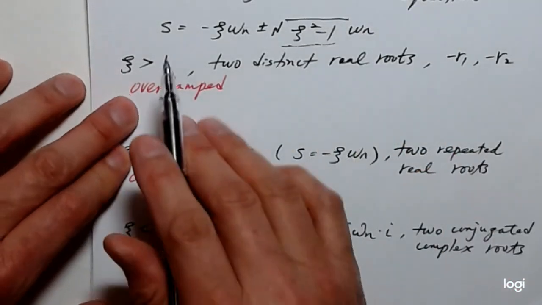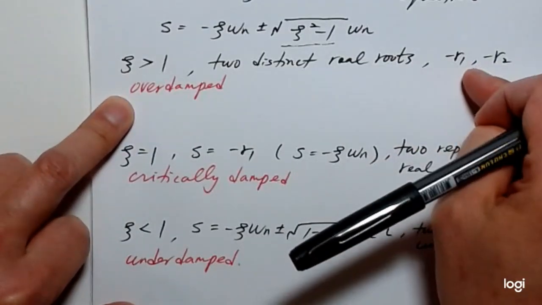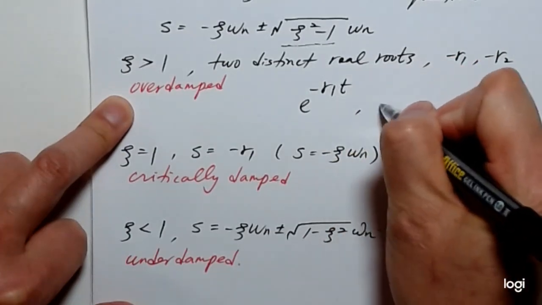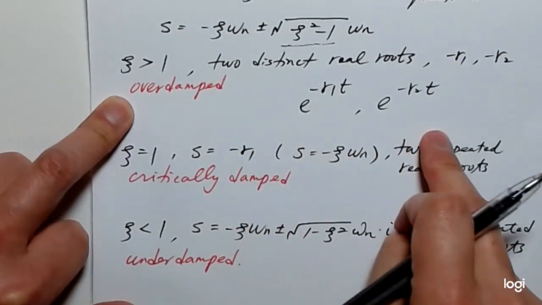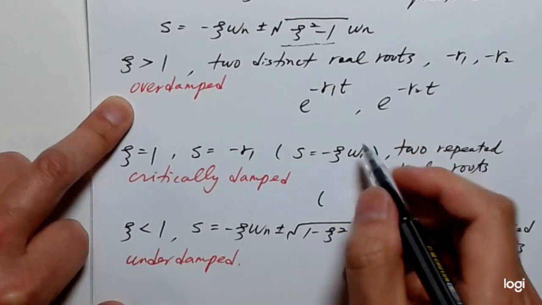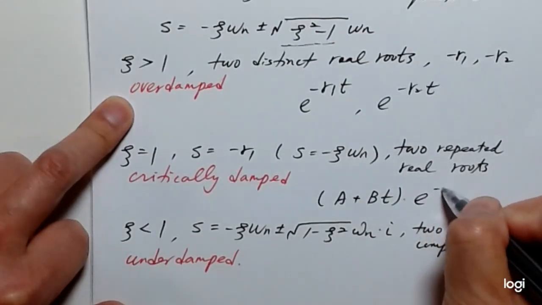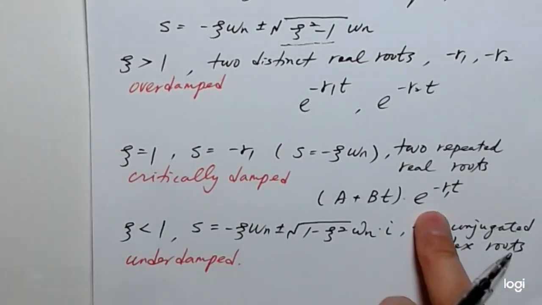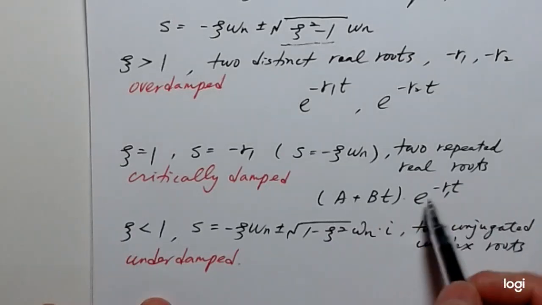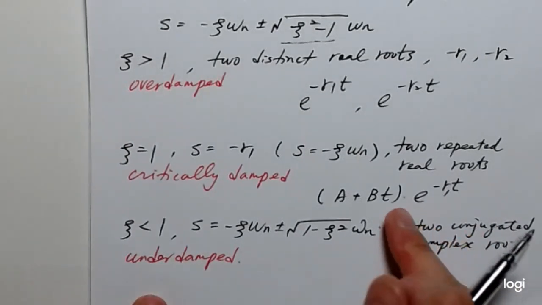For the overdamped situation, the solution form is two exponential functions combined. For critically damped, it would be a plus bt, still exponential functions, the first one and the other one with a linear t times the exponential function.